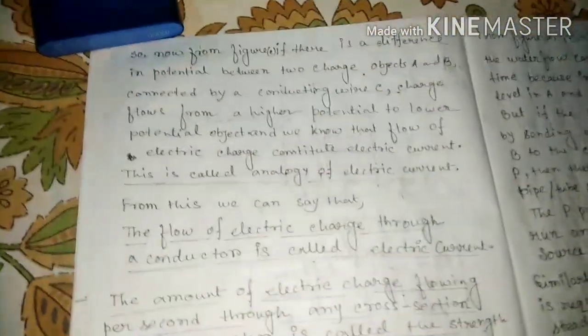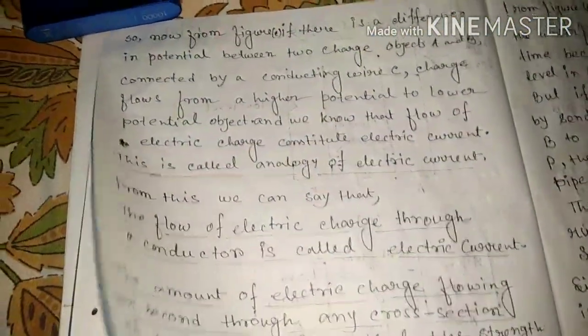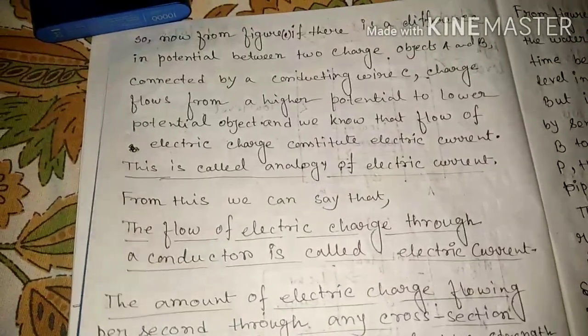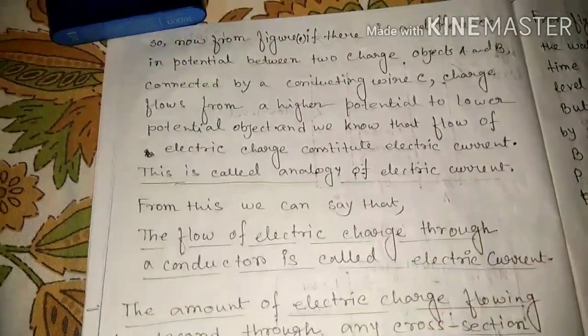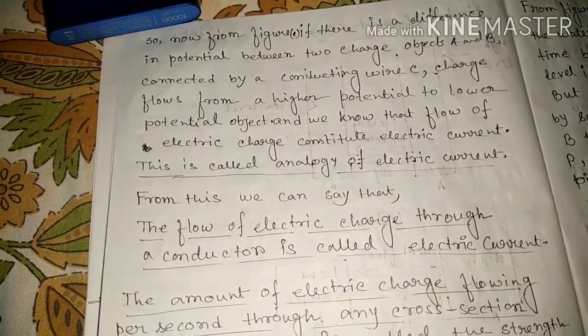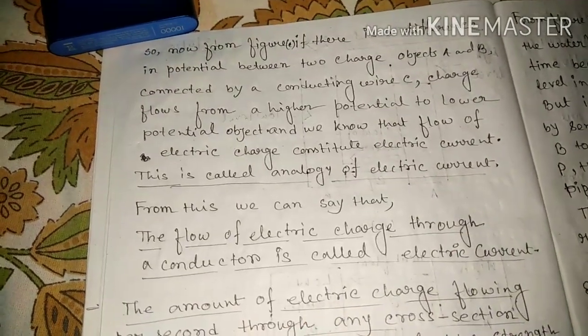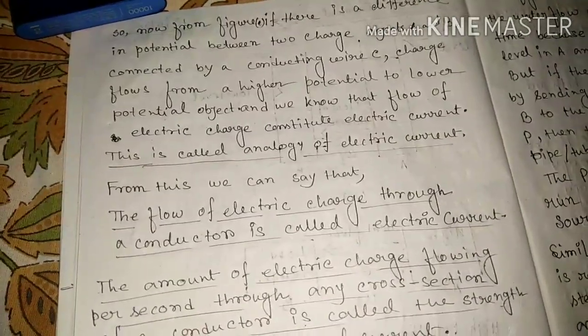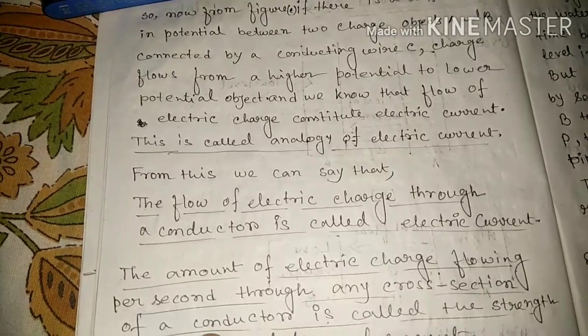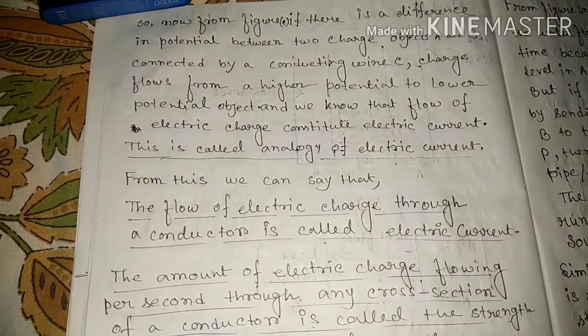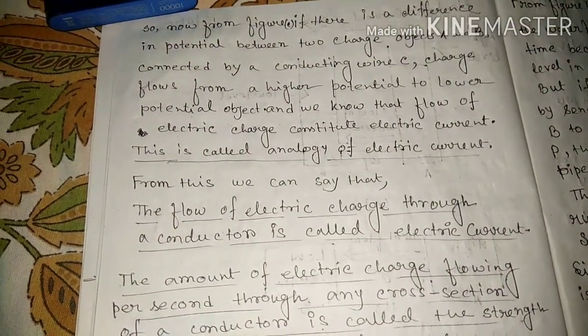Now, we learned from the first video in this chapter that if electric charges move inside a conductor, or if the electric charges are in motion, they constitute the electric current.